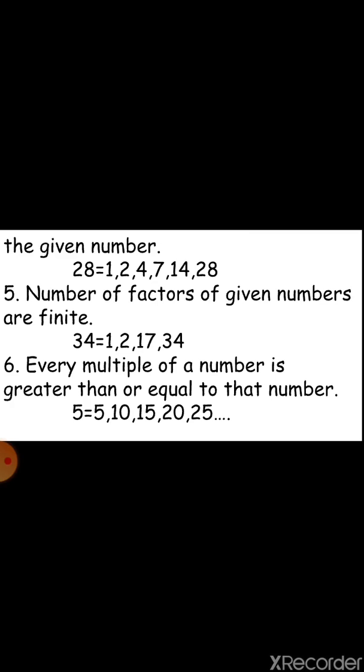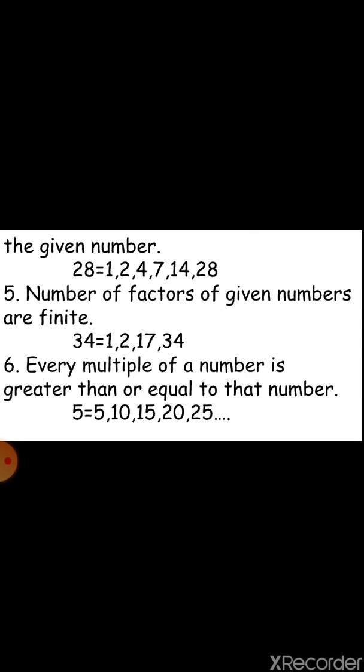The factors of 28 are 1, 2, 4, 7, 14 and 28. Here we can observe that every factor is less than, that is 1, 2, 4, 7 and 14 are less than 28 and 28 is equal to the given number, that is 28. So we can say that every factor is less than or equal to the given number.